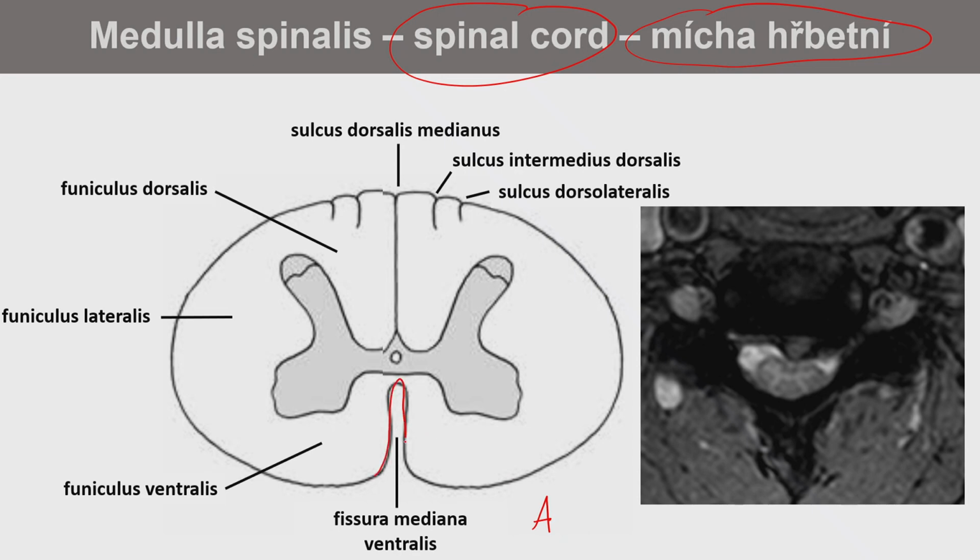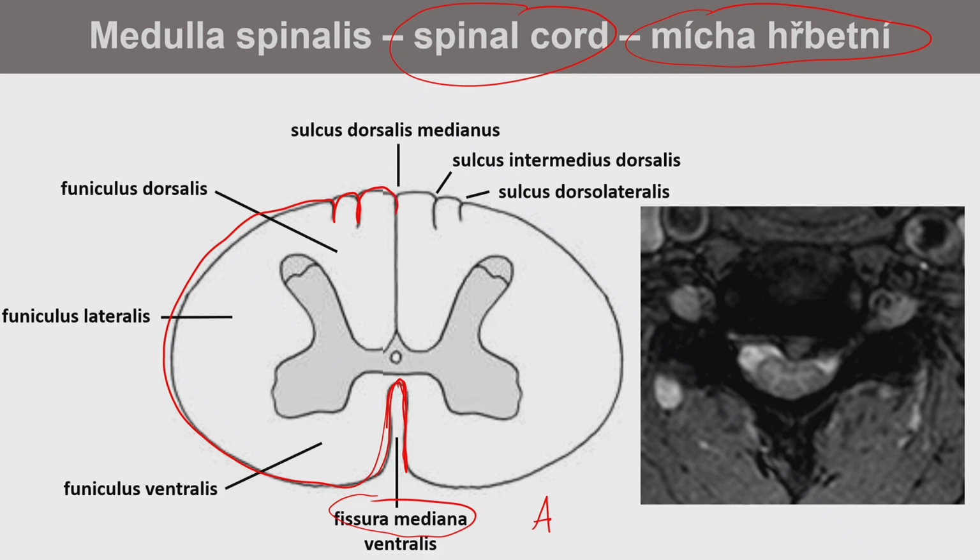Anteriorly is a deep groove called fissura mediana ventralis, or ventral or anterior median fissure. It is very deep and is covered by pia mater. Then the surface is covered by pia mater.